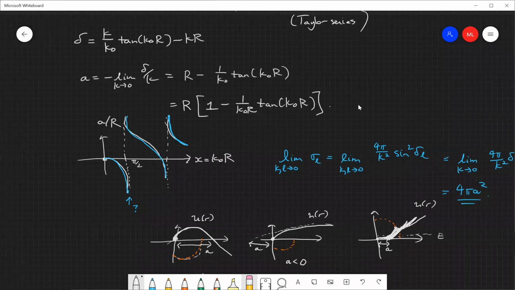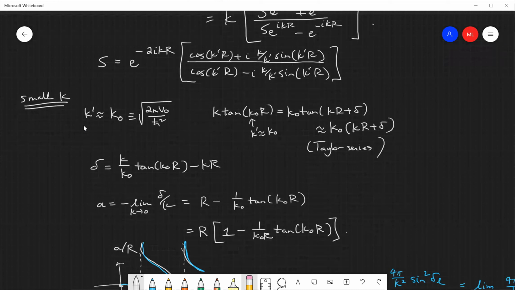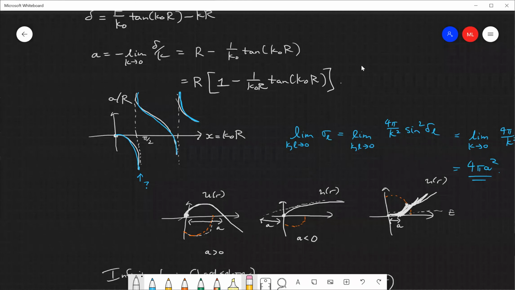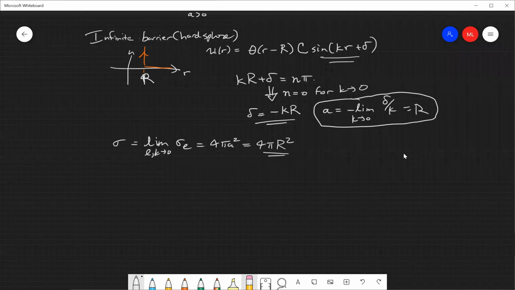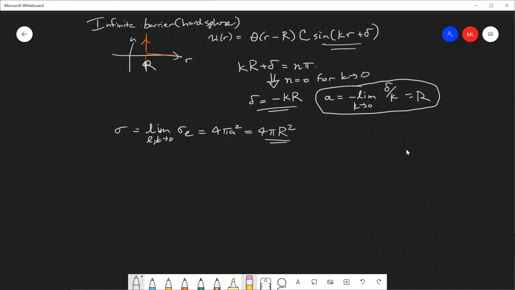Okay, so this was all the small k limit. You can also do S-wave scattering for non-zero k. You could allow your incoming momentum to be a bit bigger, and then you could just continue in the Taylor series, for instance for the phase shift.